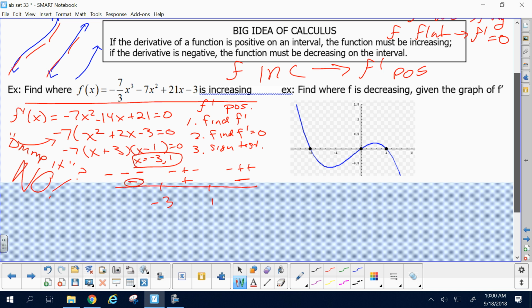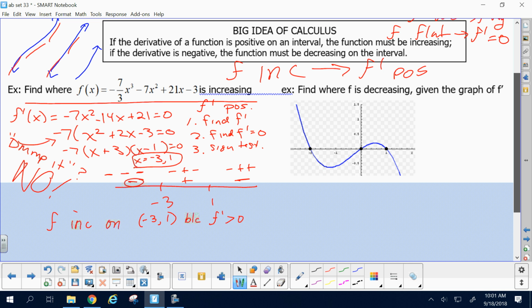Negative. Okay? Now let's answer the question. Find where the function is increasing. F is increasing, let's say it in a sentence because that's typically how the AP works. F is increasing on what interval? -3 to 1 because F prime is positive.